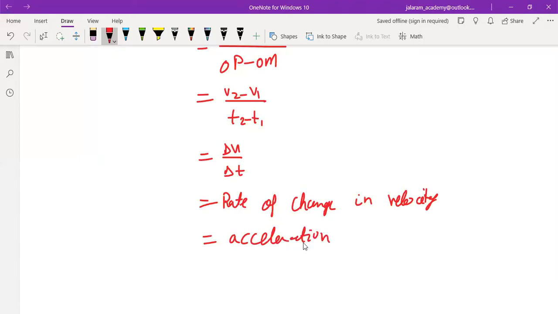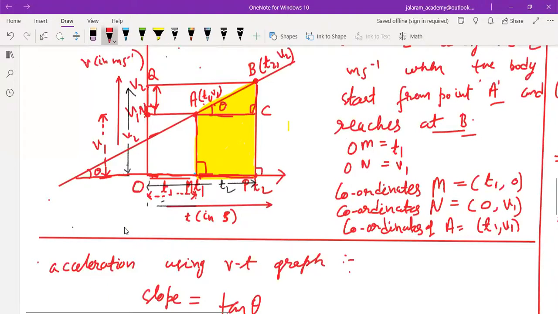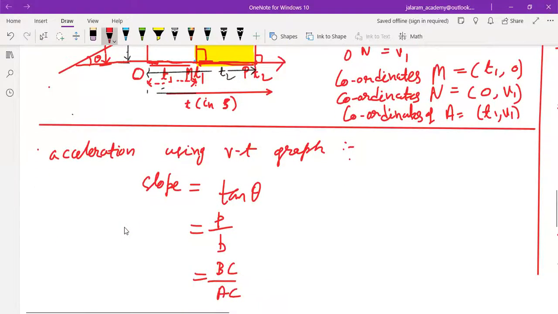So in velocity time graph, slope is used to find the acceleration. So write this also in your notebook. In velocity time graph, we can find all the three quantities: velocity, displacement, and the acceleration.